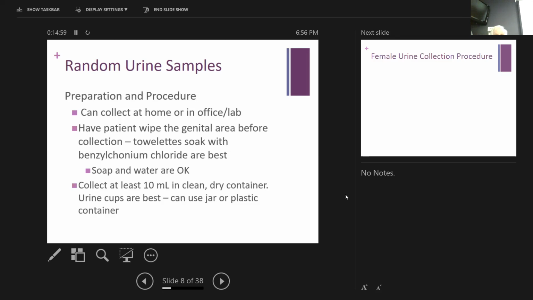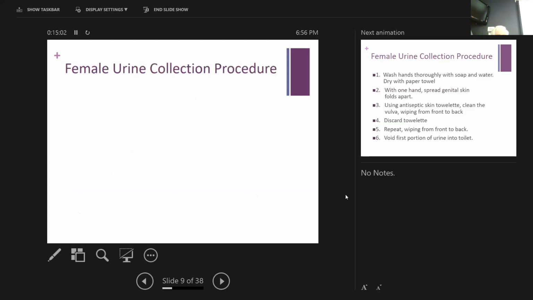We want to collect about 10 milliliters at least. 10 milliliters is about a third of a fluid ounce. That's about 2 teaspoons, and there are 6 teaspoons to a fluid ounce.